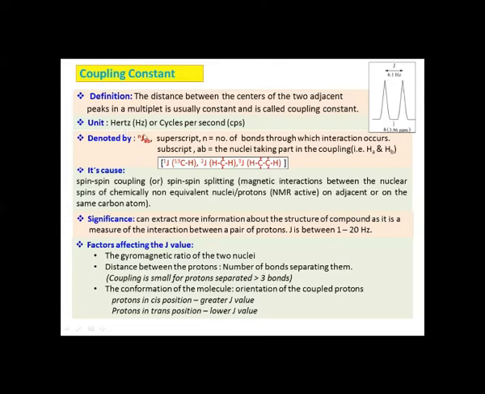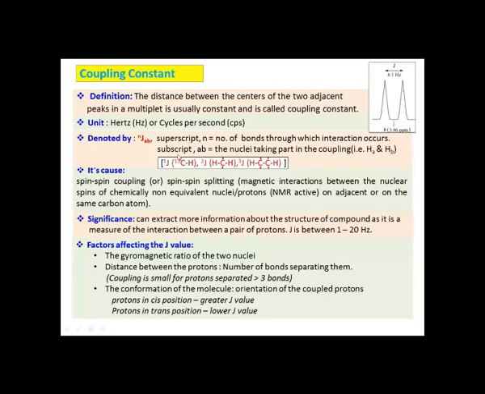It is denoted with a capital J with the superscript n and subscript AB. The superscript n is the number of bonds through which the interaction occurs, and the subscript AB says which nuclei are taking part in the coupling process, in this case HA and HB.